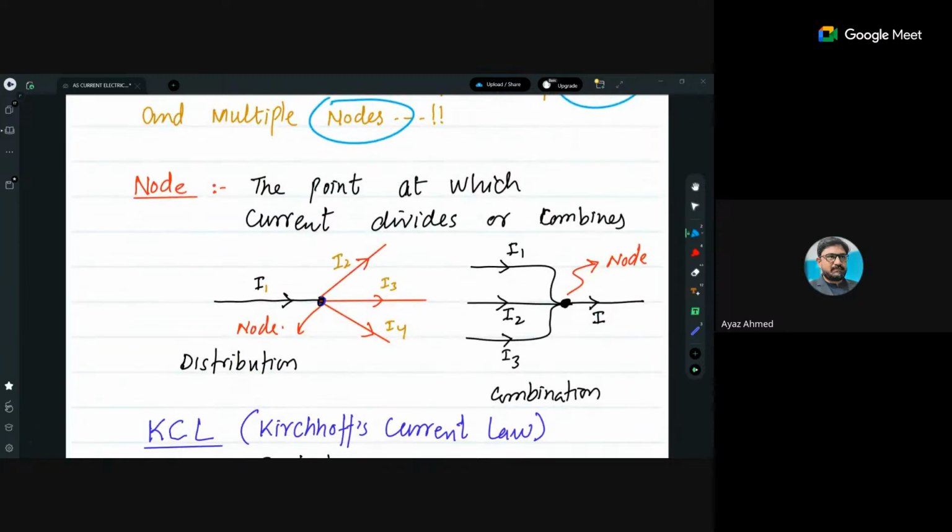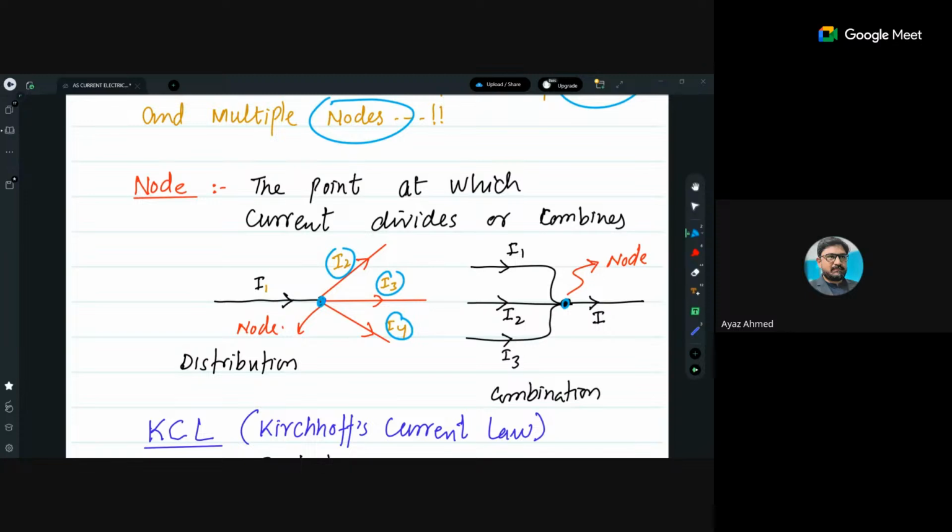The node is the distribution point. At this, either the current is divided into several currents, or the current is combined back. So I can simply say that a node is that point at which current is divided into parts. For example, I is the current which is here, and then it is distributed into I1, I2, I3, I4 in this diagram.